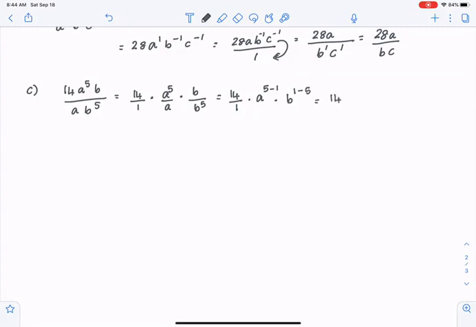So we would have 14, a raised 5 minus 1 is 4, b raised 1 minus 5 is minus 4. And since I wanted positive powers, I can rewrite that as 14 a raised 4 multiplied by b raised negative 4 over 1. Move that to the denominator, it becomes b raised positive 4.